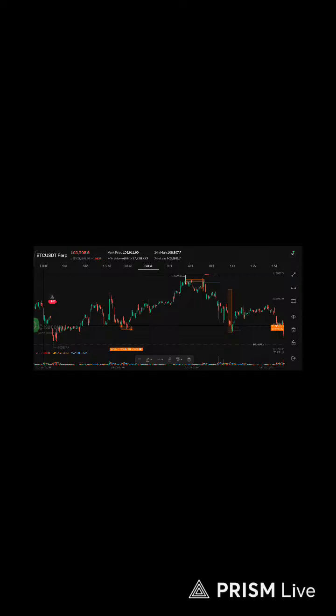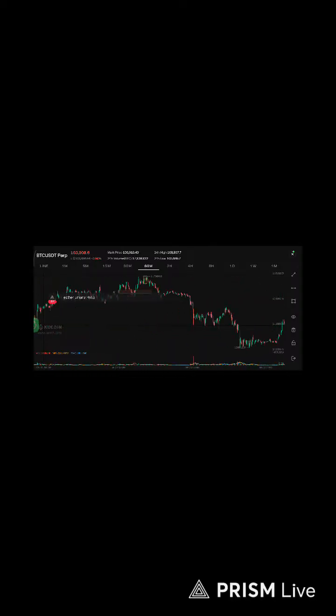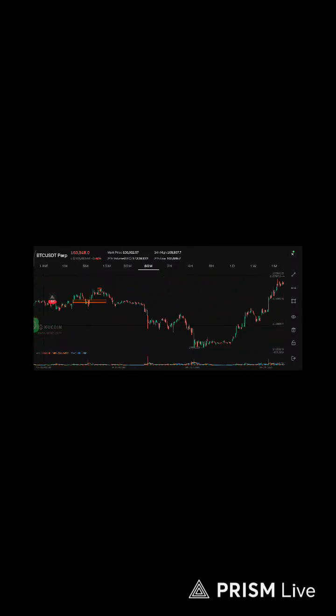While the market was in a downtrend, it was showing a strong bearish momentum, selling pressure. The sellers are in control of the market.